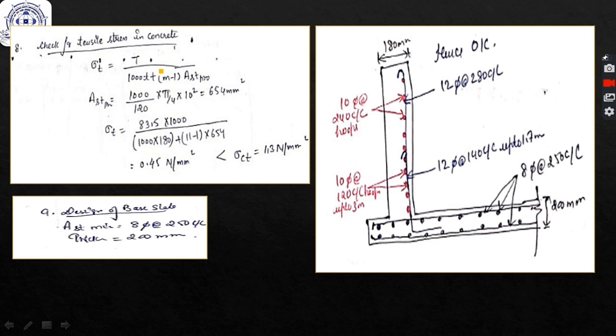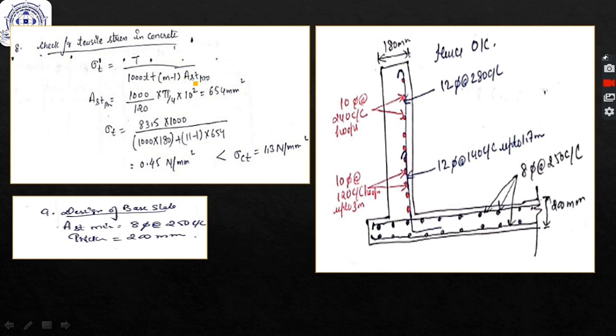Now we will do a final check, that is check for tensile stress in concrete. We know that the tensile stress in concrete must always be less than the permissible tensile stress. So as now we know the thickness, we put all these expressions T, small t, M, Ast provided here.